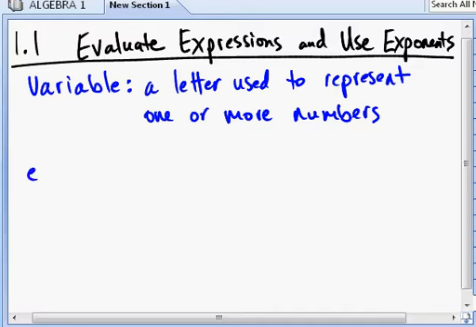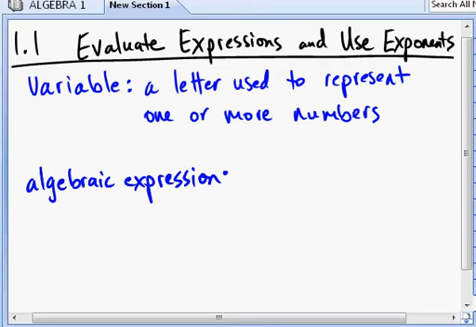The next vocabulary word is, what do you think? Yeah, that's right, algebraic expression. Good.